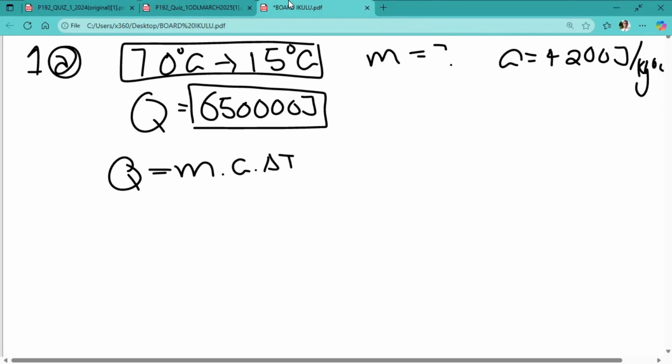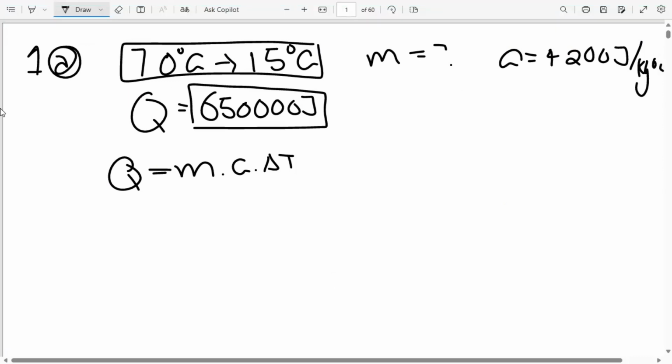So we're just going to get these values and plug them into this formula and find our mass. I can rearrange it first so that I make m the subject of the formula: divide by c multiplied by delta T on both sides. This will cancel out.